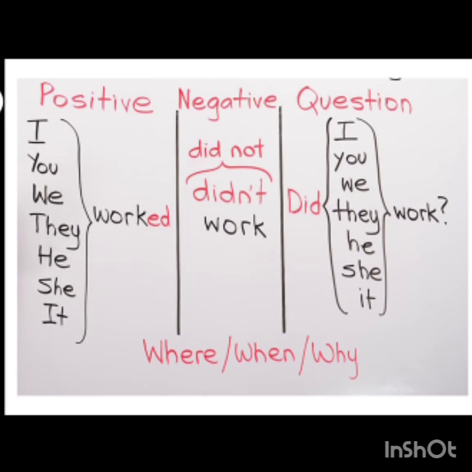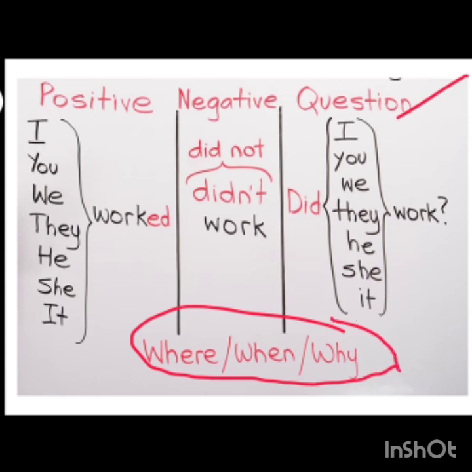And the next thing is how to frame a question sentence in the simple past tense. These are the basic question words: where, when, why, how long, how much. Using these we frame a question sentence for the simple past tense.